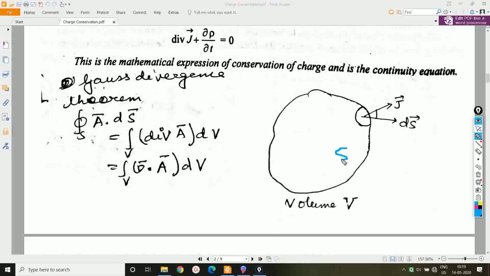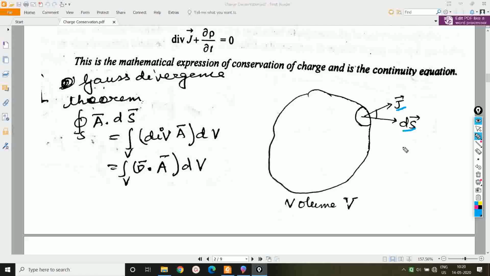This is a surface S whose volume is V, an arbitrary surface, and one small area is chosen, which I am showing by the blue marker here. This small area, its area factor is ds as shown here, and at this small patch area the current density factor is J, and there is an angle between them.